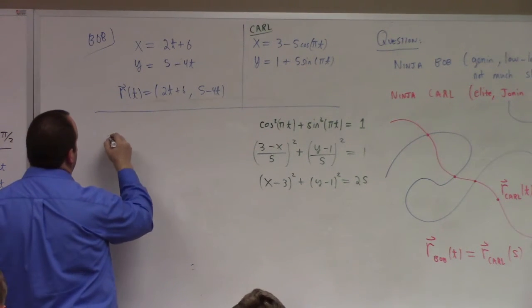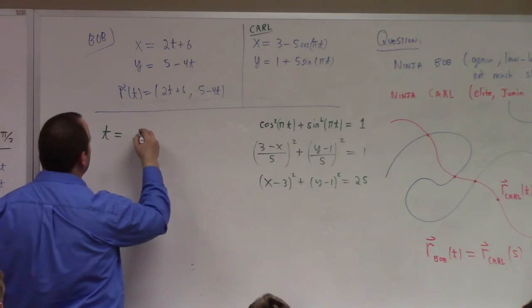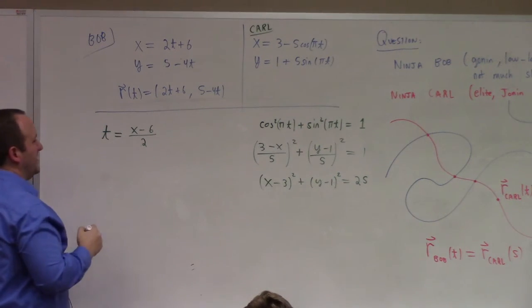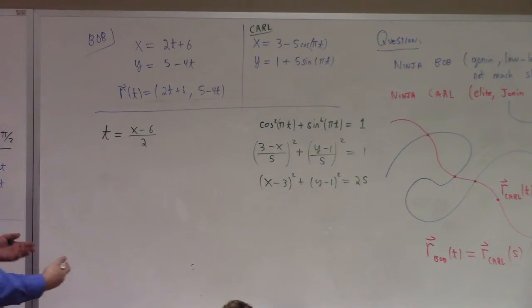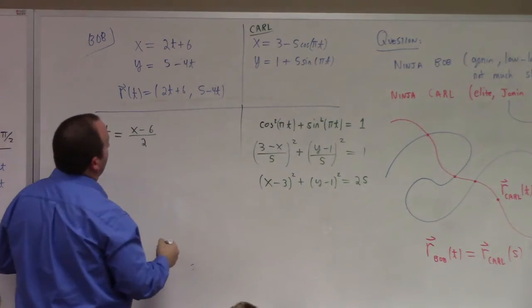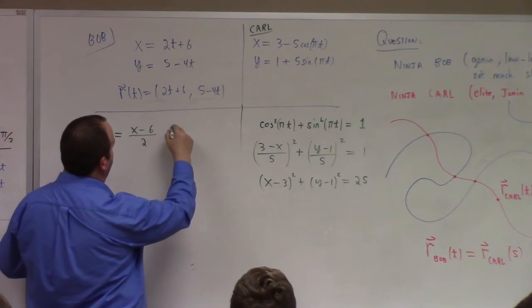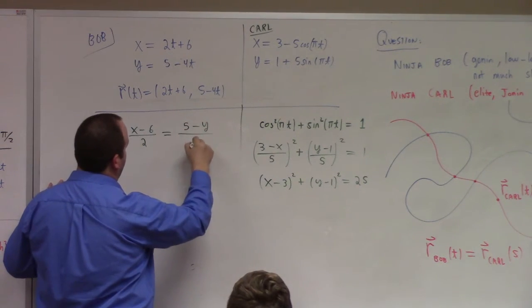From the x equation, t is equal to (x minus 6) divided by 2. From the y equation, solving for t, I get (5 minus y) over 4.